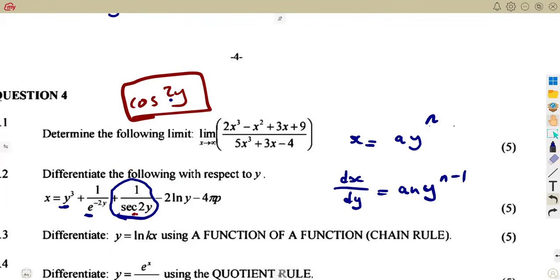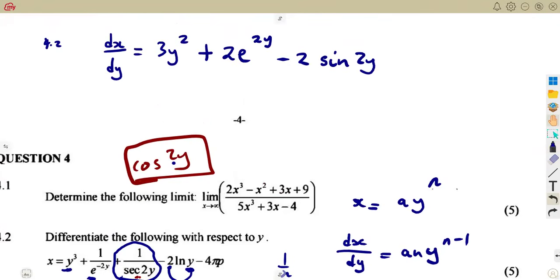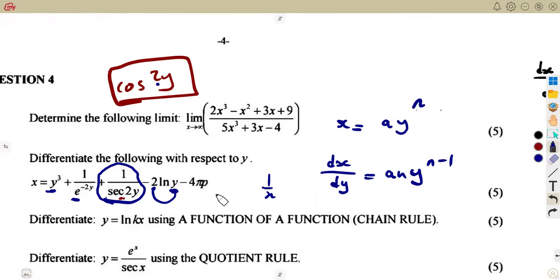So we move on to the ln. When you differentiate ln, remember, if you're given ln of x, it's 1 over x. So it's also 1 over that, but there's a negative 2. So it's negative 2 over y. Then we move on to the other part, 4 minus 4 pi times p. Are we having the letter y there? We do not have.